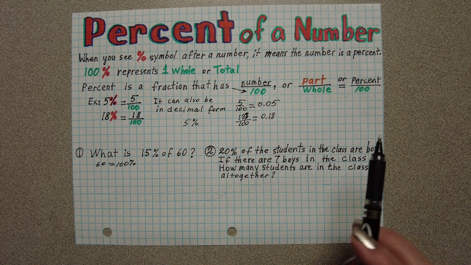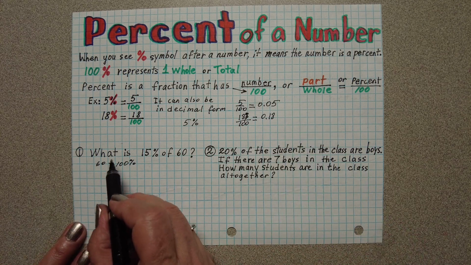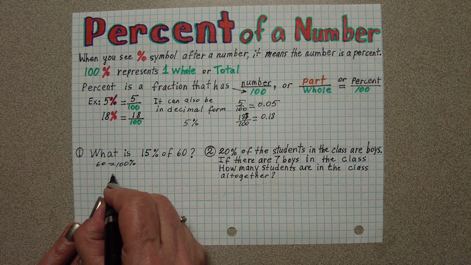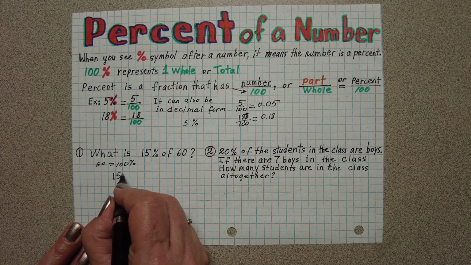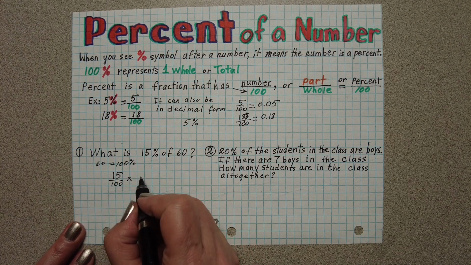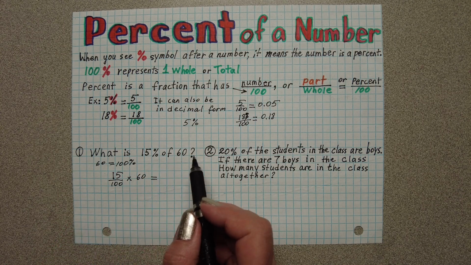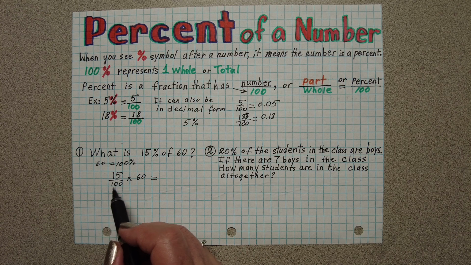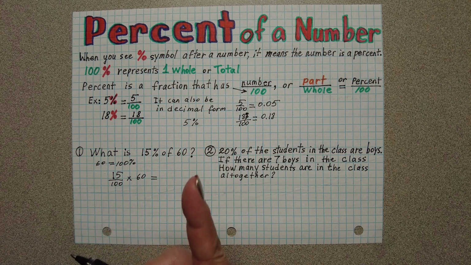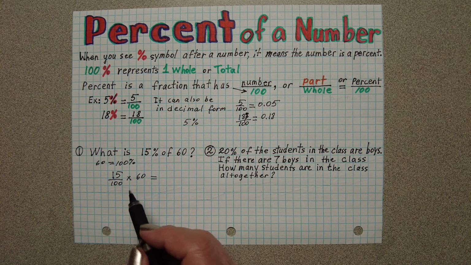That's why we're going to use this formula. Like that says, what is 15% of 60? We're going to do it this way: 15 over 100 times 60. This is the way we find the percent of a number. 15 over 100 is like per 1%, and times 60.